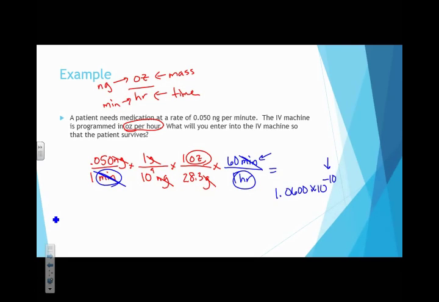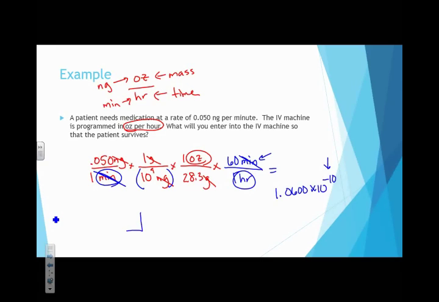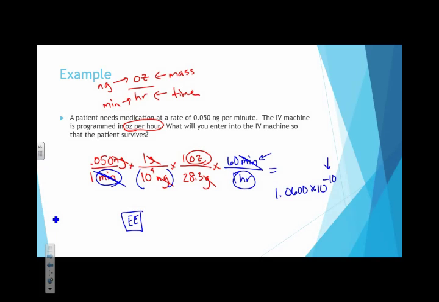If you ended up with a positive exponent here, it means that you need to put parentheses around this number when you divide it in your calculator. If you ended up with 10 to the negative 9th, it means that you're putting in your exponent incorrectly. And you can drop me an email and say, hey, I did this, I'm not sure what to do. It often has to do with if you're using an EE button on your calculator when you enter that.